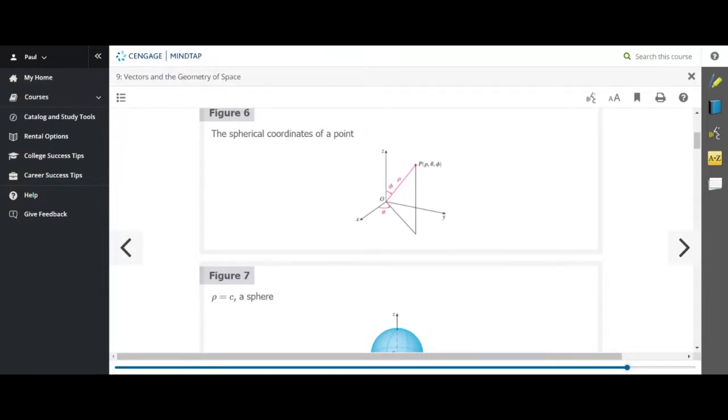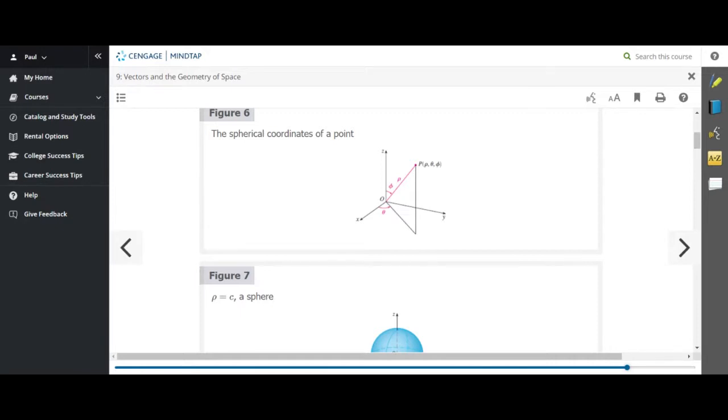Generally, I find it easiest, since theta I'm familiar with, to measure theta from the positive x-axis, and then there is an angle phi that's measured from the positive z-axis downward.